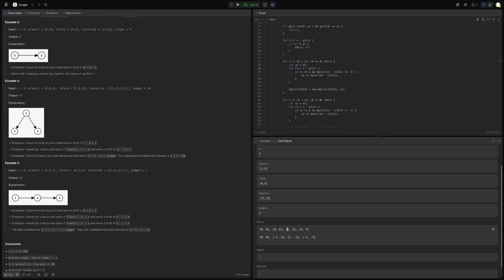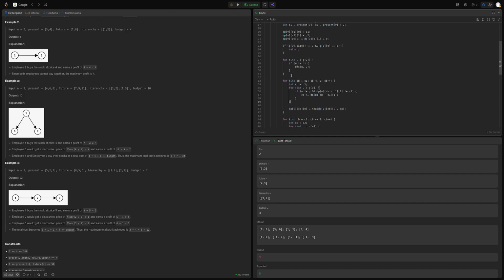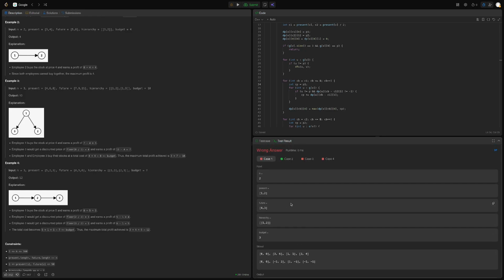So if we have a budget of 2, we should be able to buy the whole thing, because say our parent did not buy, so we start from, we need budget 3 for this, and so let's say our parent bought, so we can get a profit of 4, and we also bought.